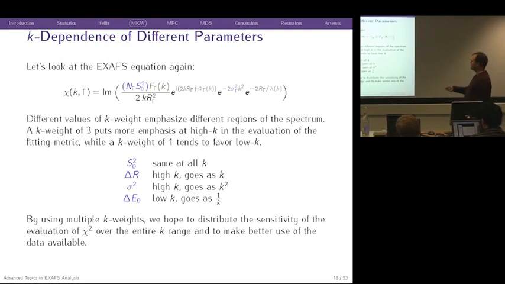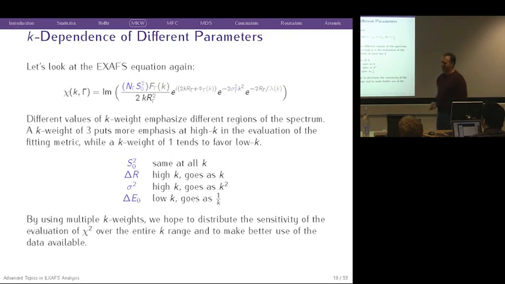And so what I mean by this is that when you evaluate chi squared, and yes, it is ridiculously confusing that chi is both a statistical parameter and the symbol used for the XAFS equation. But this thing never gets squared. So anytime I say chi squared, I mean the statistical parameter, and anytime I say chi, I mean this thing.